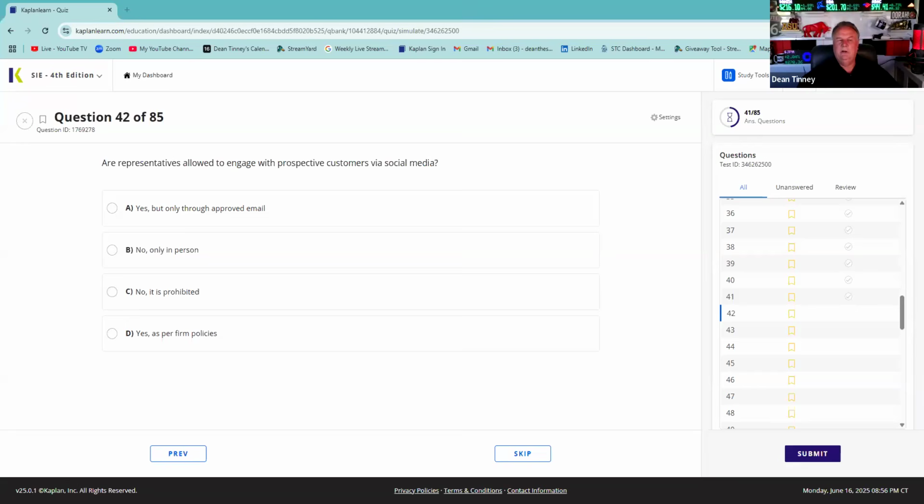No, but we have to have in our written supervisory procedures, our policies and procedures on social media. And then you have to read our WSPs, written supervisory procedures, and sign acknowledging them and that you understood them, about whether you're going to be able to do Facebook or LinkedIn or Reddit, whatever the case may be. So the answer is D.